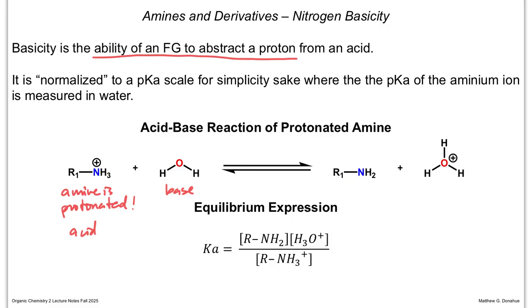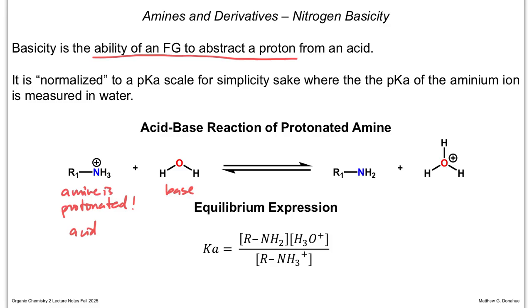That generates the amine plus hydronium. The reason we do this is just to make things uniform to the Ka scale, and then through our logical thinking, we invert that pKa to think about basicity.